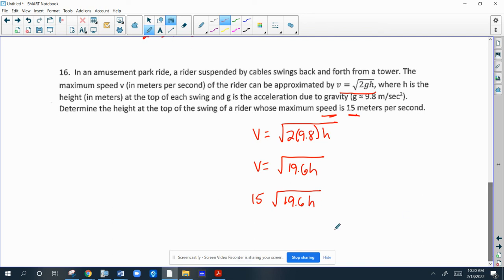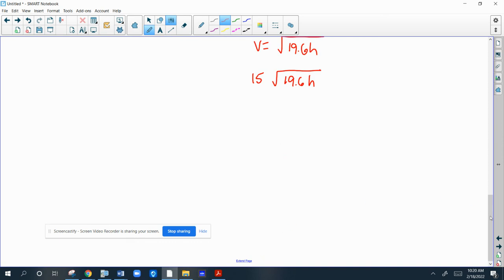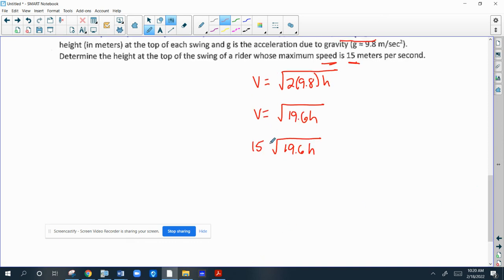So the first thing you have to do, and this is just like solving any regular equation, is you're going to have to square both sides to get rid of this square root. So I'm going to square both sides. And 15 squared is 225. On the right-hand side, it just gets rid of the square root. So now we have pretty much an easy problem here.